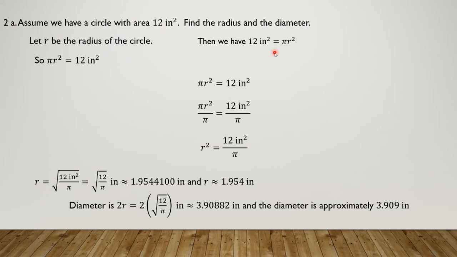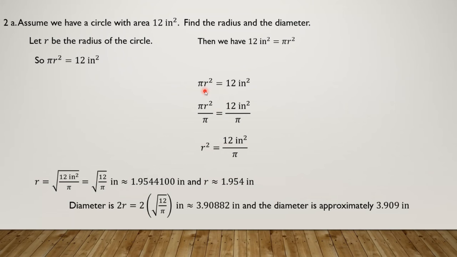So we get 12 square inches is pi times r squared. R is what we want to figure out. Now, I like to have the unknown on the left side. I'm pretty sure most mathematicians do that. But again, if you left it like this, that'd be fine. But you want to figure out what R is. So what do you do? You solve for it. And that's what I'm doing here.